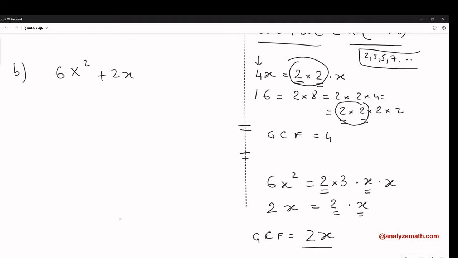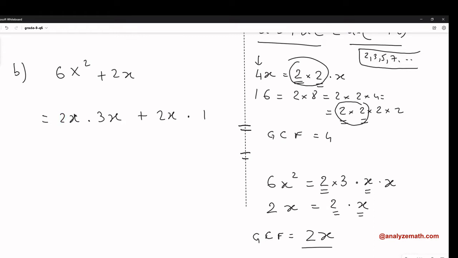I go to my expressions and I start factoring. So 6x2, I put 2x multiplied by 3x. Now I need 2x to appear as a factor. So 6x2 is 2x by 3x.